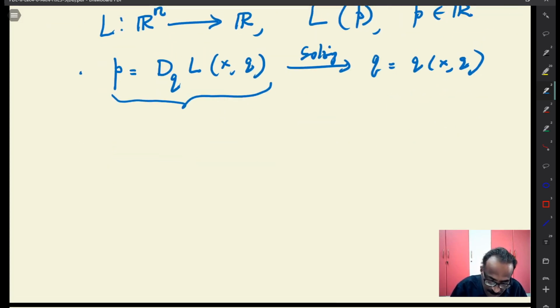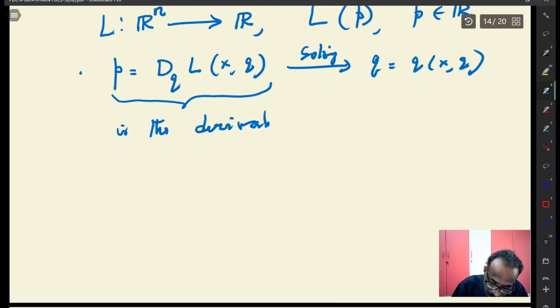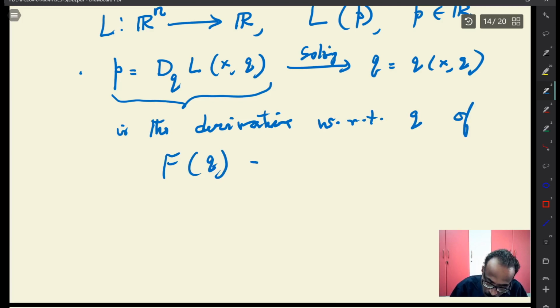This equation is the derivative with respect to Q of some f of Q, which is equal to P dot Q minus L of X, Q. That's the observation.